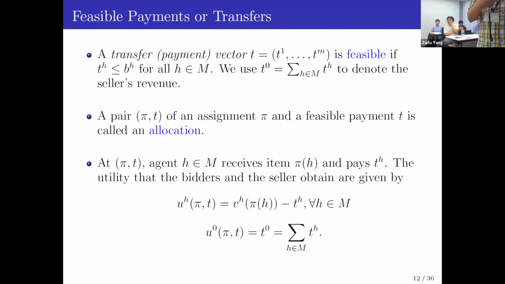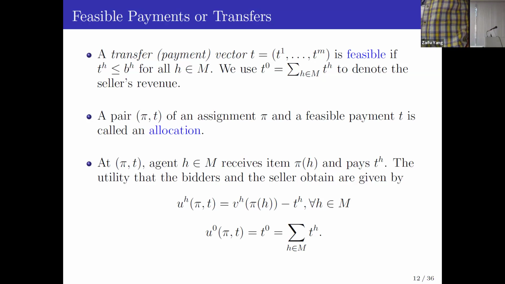Okay, now here we have a payment or transfer vector. If all payments are less than or equal to the budget of every agent, then we say this payment is feasible. And now we use T0, which is the sum of all payments. This is the seller's revenue.